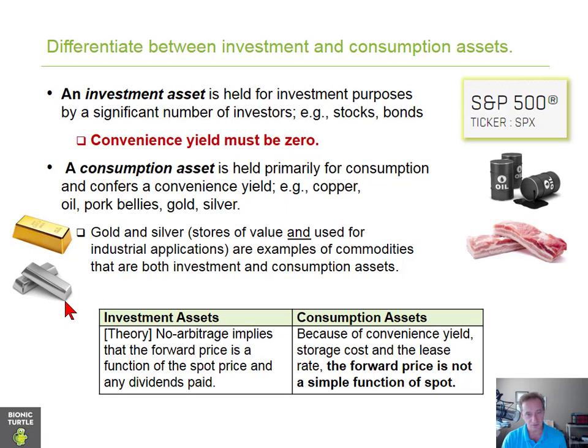A convenience yield is a factor in the model, and that's any benefit of owning the commodity as opposed to, for example, just having a long position on the futures contract. If you enter a long position on the futures contract, you're expressing a view, you're long the commodity, but you don't own the commodity. And owning a consumption commodity in general confers the convenience of ownership, which includes the optionality.